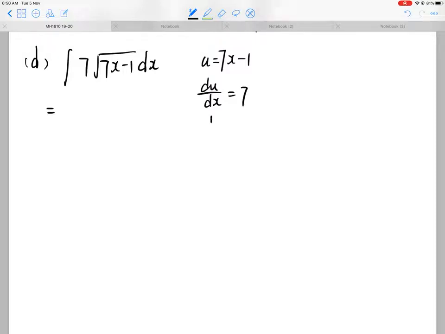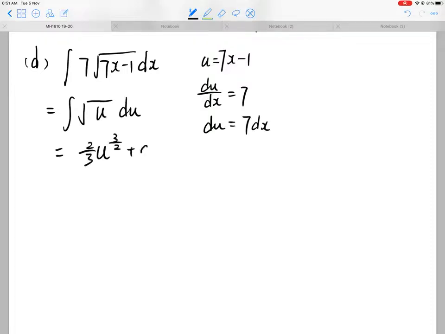Okay, which means your du is 7 dx. So here, 7 dx is du, square root of u du. It's going to be u to the power of 3 over 2 times 2 over 3 plus c. So it's 2 over 3 times 7x minus 1 to the power of 3 over 2 plus c. Okay.